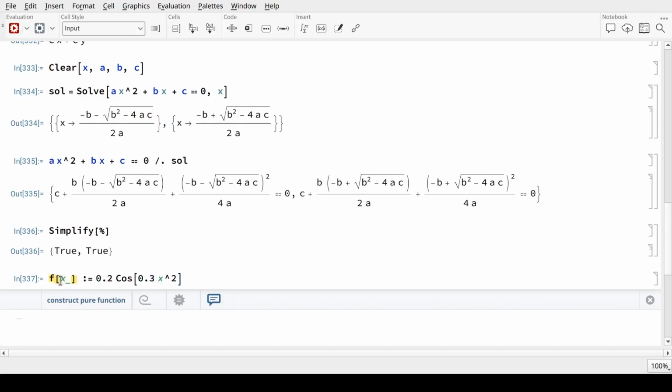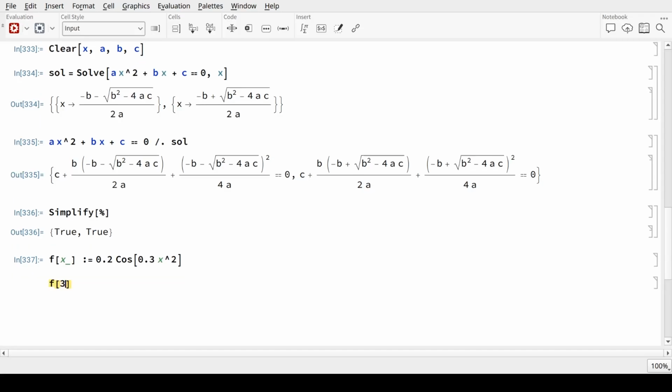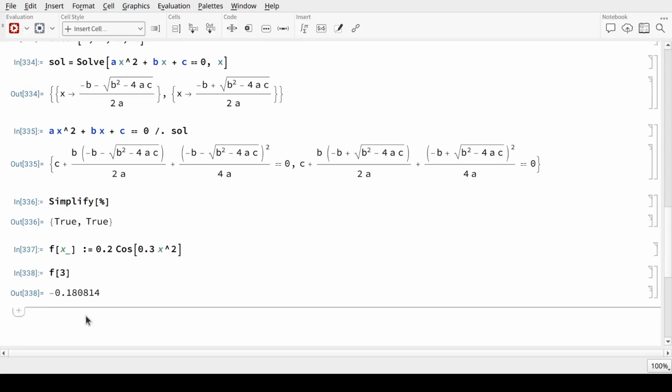We have the function itself, where we defined what the function takes in as an argument. In our case, this is x. And now we can use it if we want to. F of 3. As you can see, we just say f, then we input whatever number we want, and we get the result.